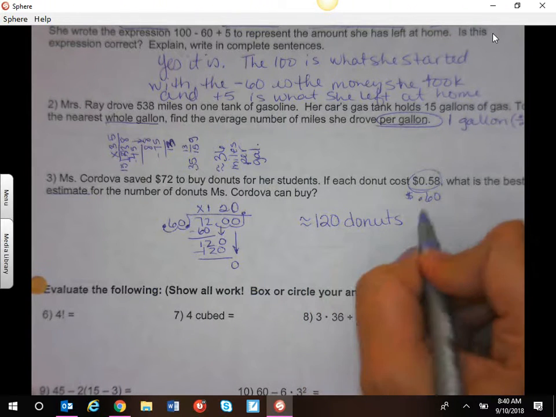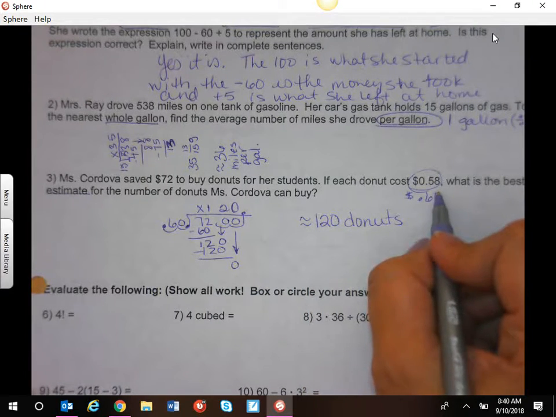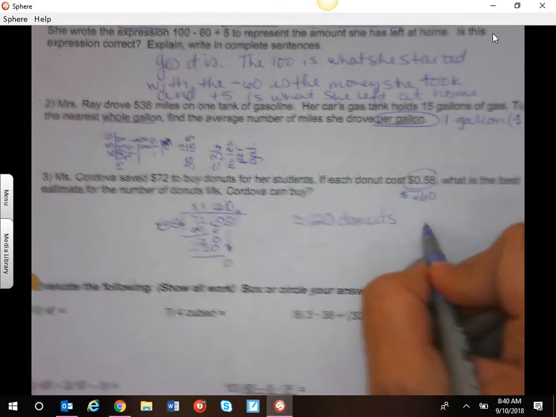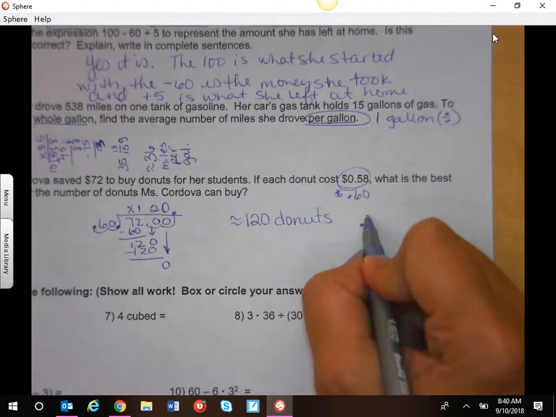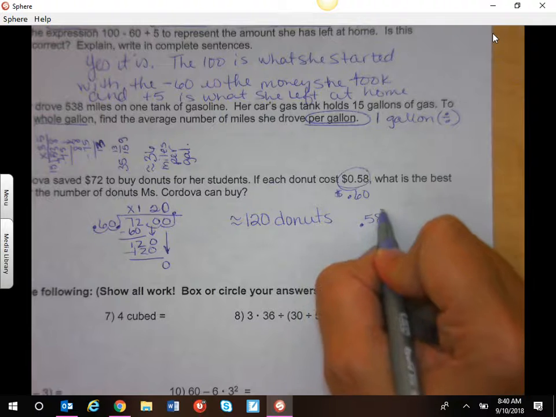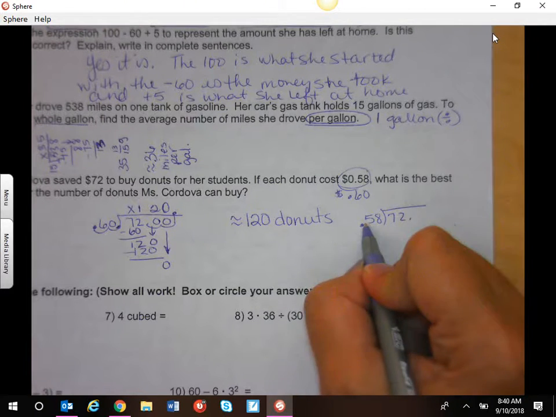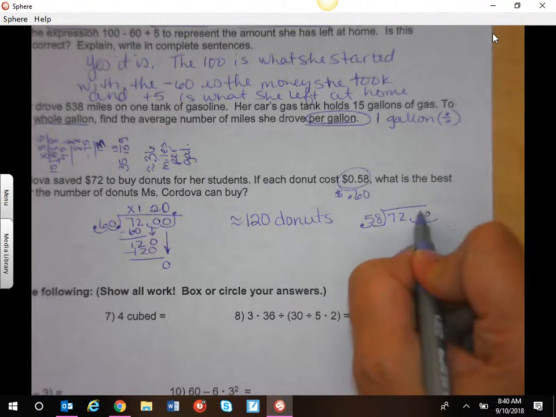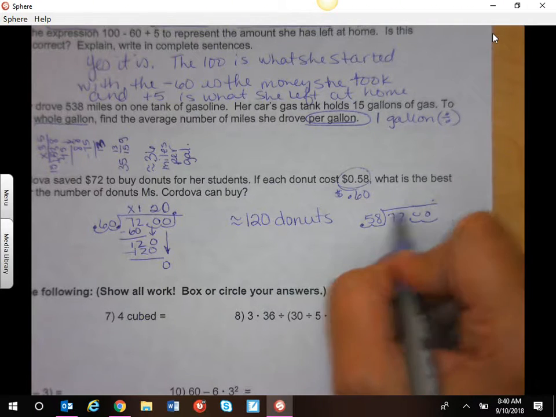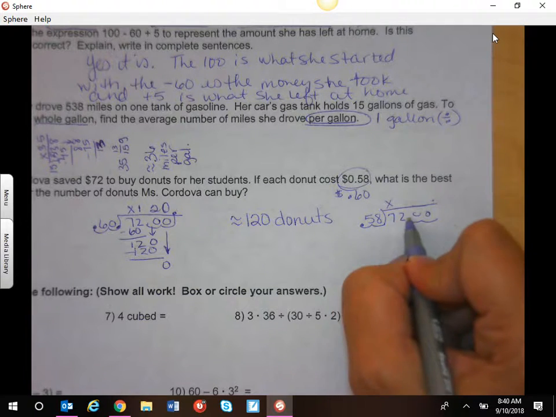Now, if you use exactly 58 cents, then you got 124 donuts, which is perfectly fine as well. I would take either answer. 1, 2, 1, 2. If you use 58, then you got, doesn't go into 7, goes into 72 once.